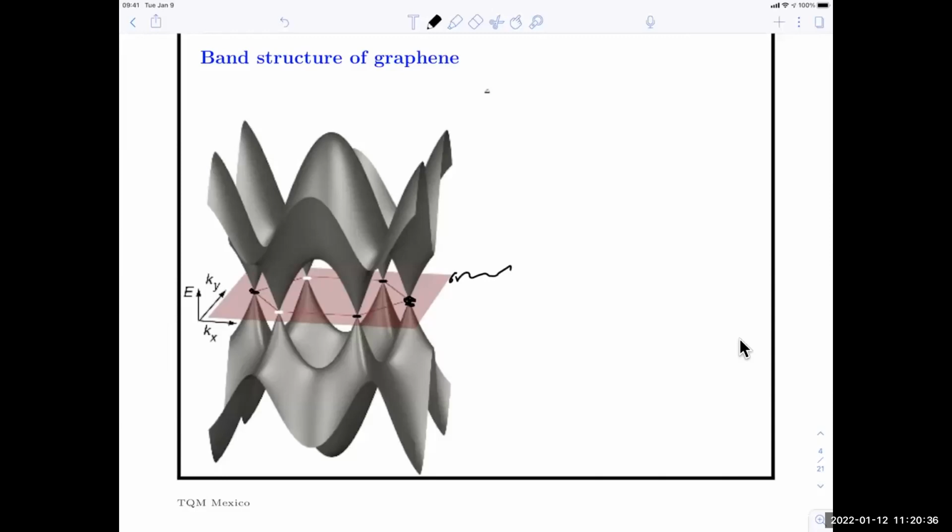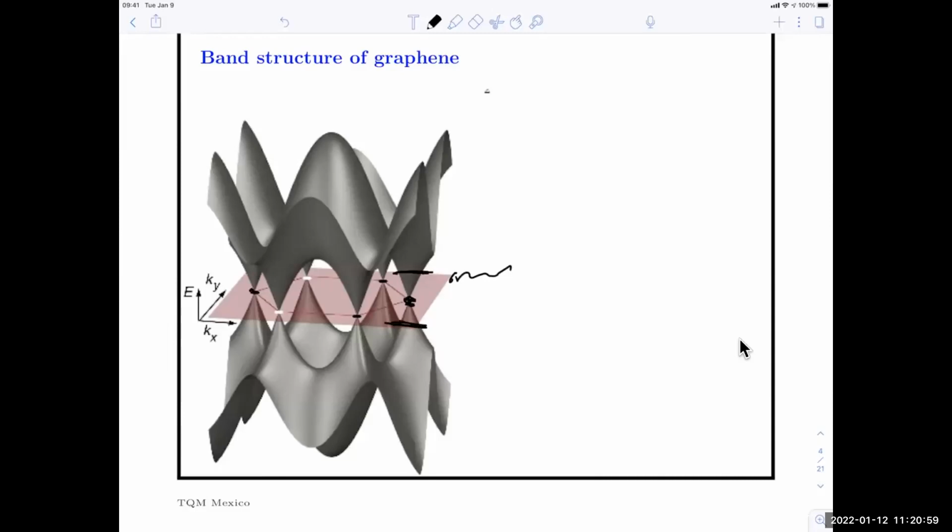In fact, if we agree with each other that we'll only look at low energy phenomena here, small excitations near the Fermi level, we can impose a cutoff here. And then the excitation spectrum of the electrons that we're interested in for all the world looks like a Dirac cone.